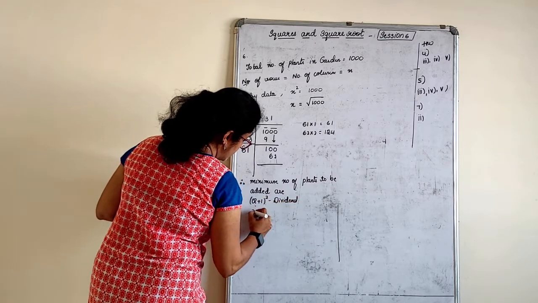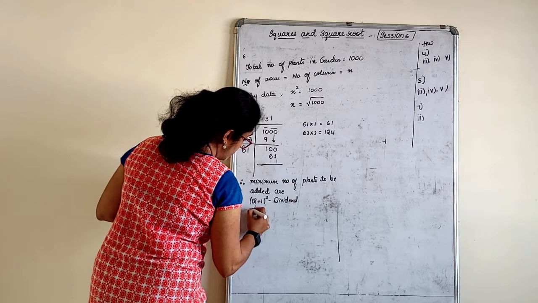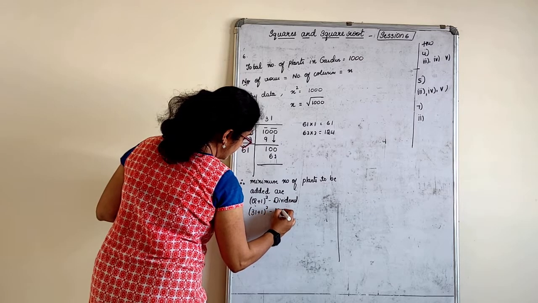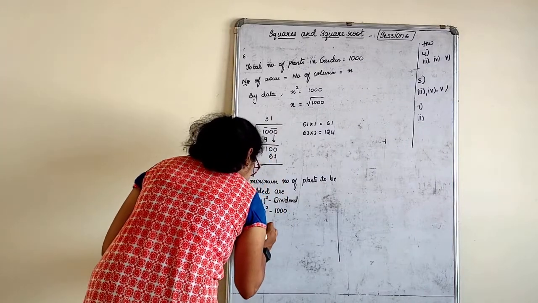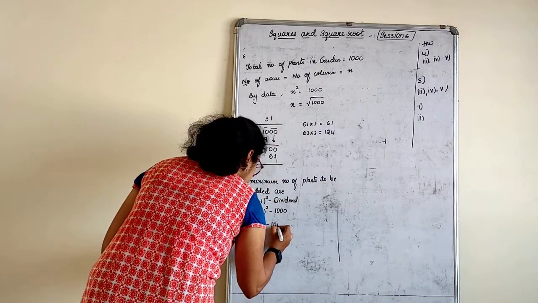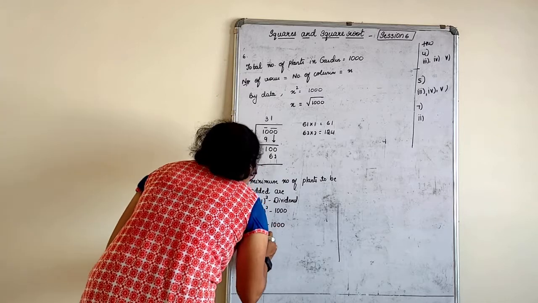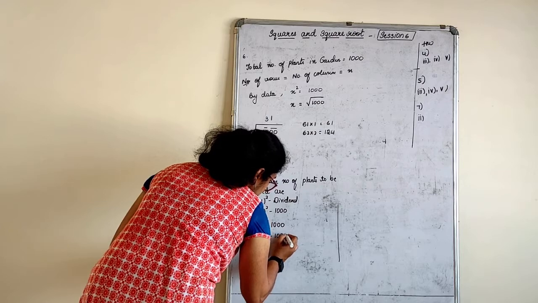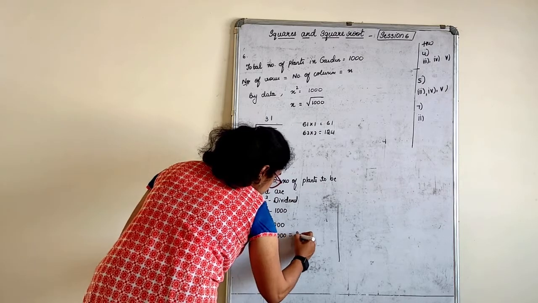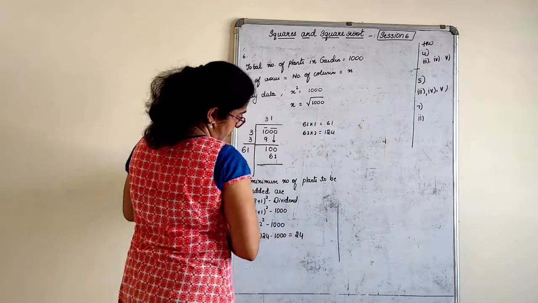So quotient plus 1 is 31 plus 1 whole square minus 1000, right? So this is 32 square minus 1000. 32 square is 1024 minus 1000, that you will get as 24.